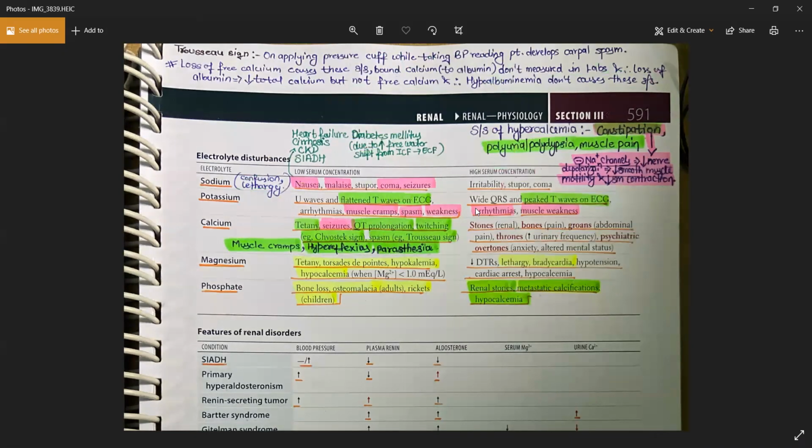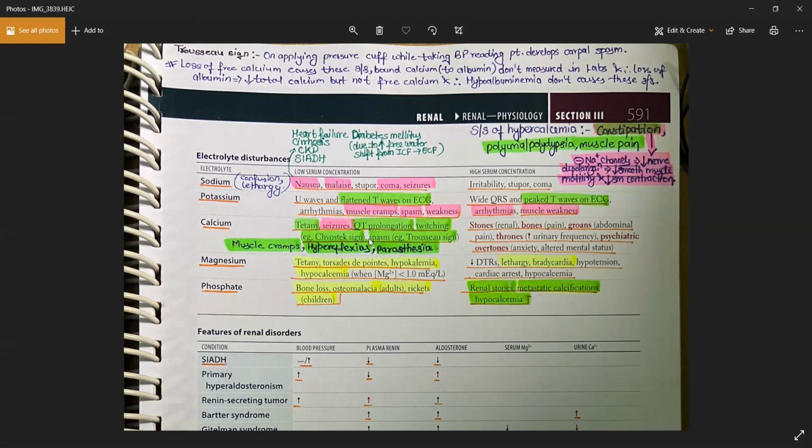Remember the Trousseau sign? What does it show? The spasm of the thenar eminences, the hand muscles, whenever you tie a pressure cuff on the arm, right?